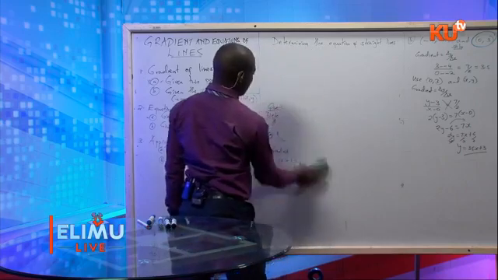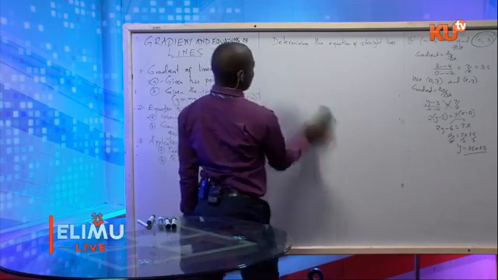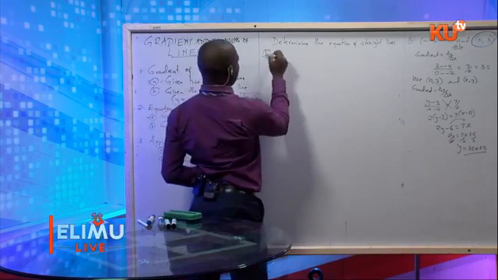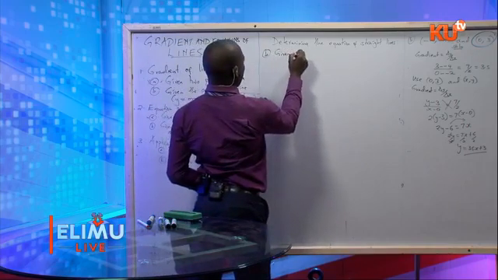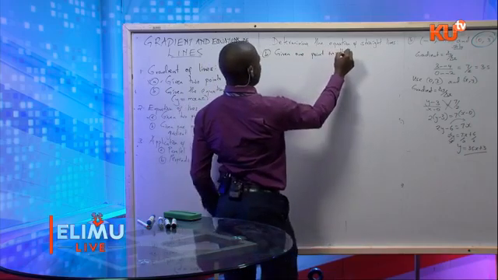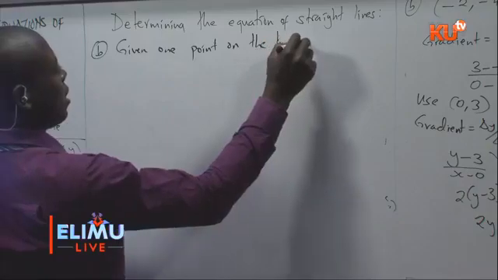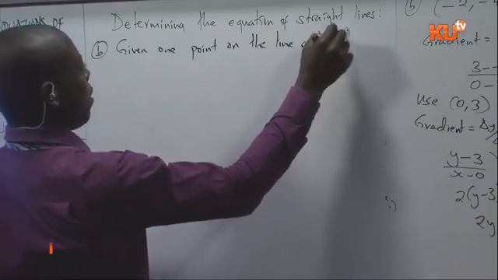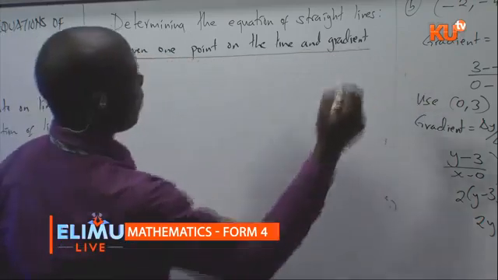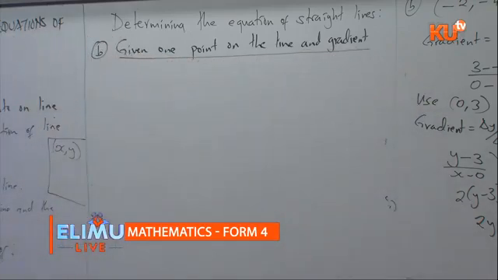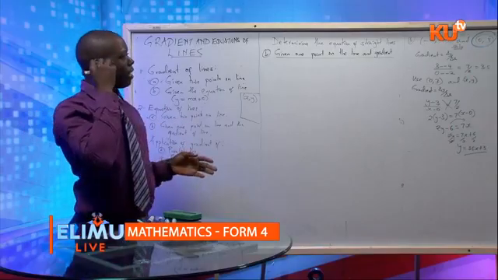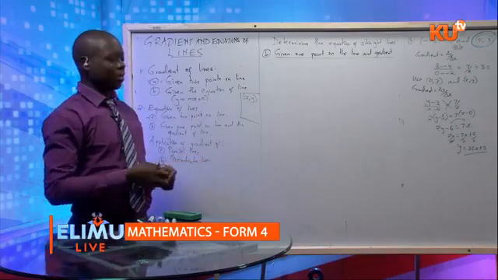You may be told to determine the equation of the line given, that is case 2, we're now given 1 point on the line and the gradient. So it's made simpler for you that the gradient has already been obtained.